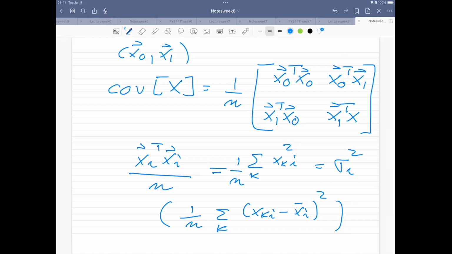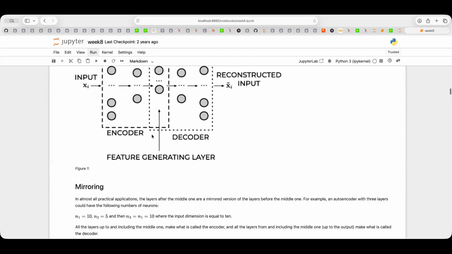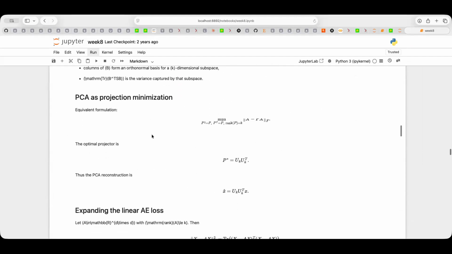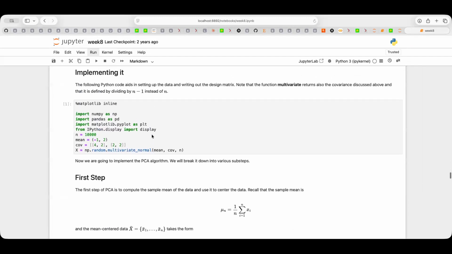So let me just switch to that one and show you a simple case, which hopefully can allow you to build a deeper intuition about what the PCA is actually about. So let's scroll down a little bit here. This is just what we talked about in the beginning.